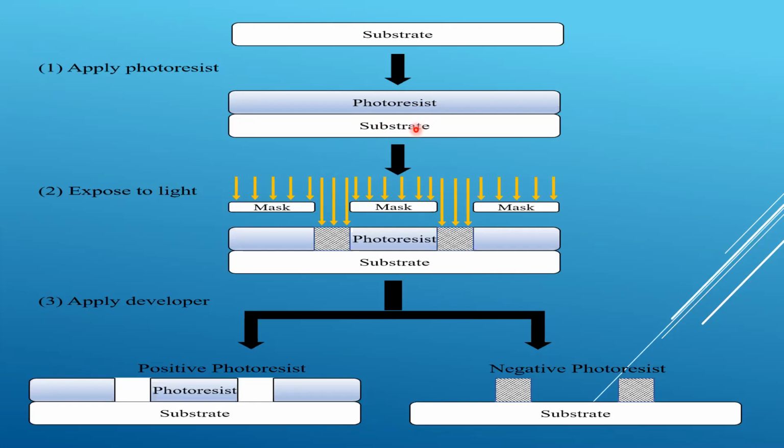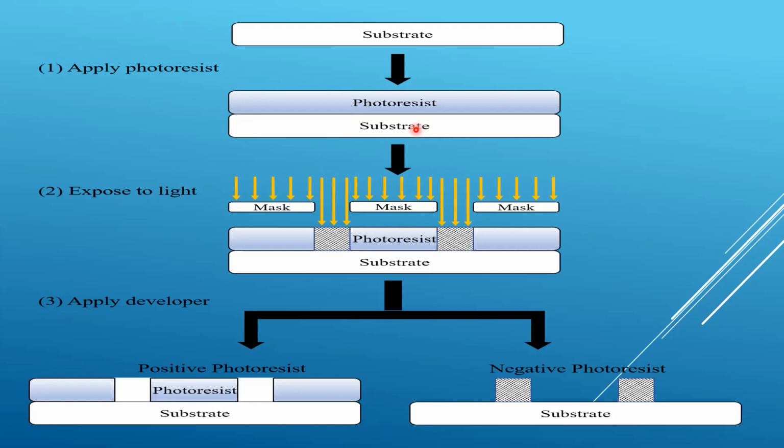Now, do remember, students, that the photoresists used in photolithography are basically of two types. The one is positive photoresist and the second one is negative photoresist. Now, we have to discuss what is positive photoresist and negative photoresist. First, positive photoresist.